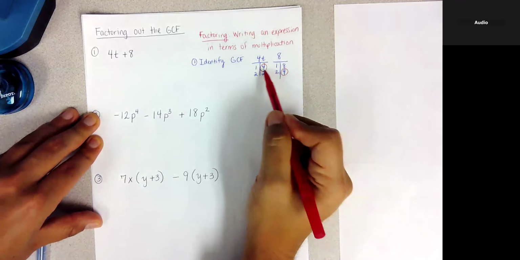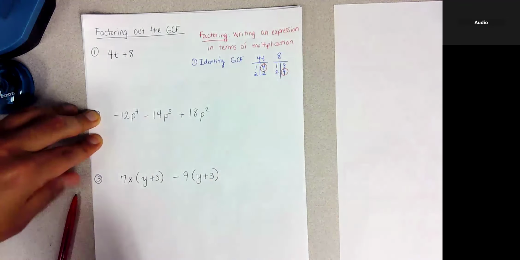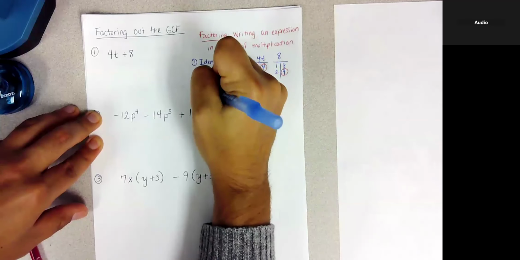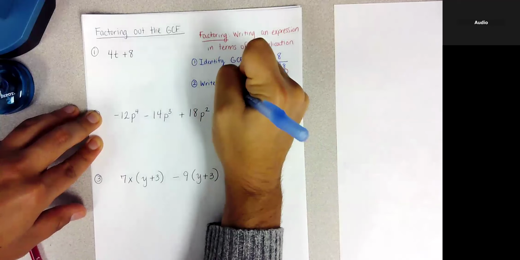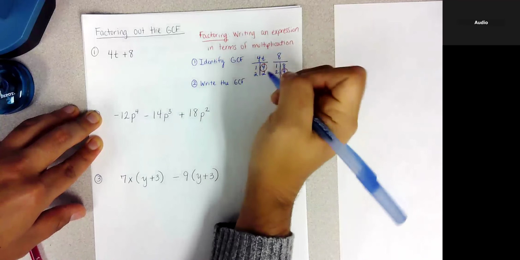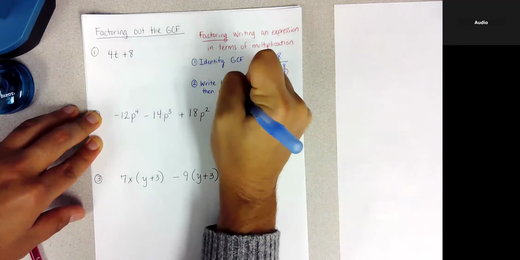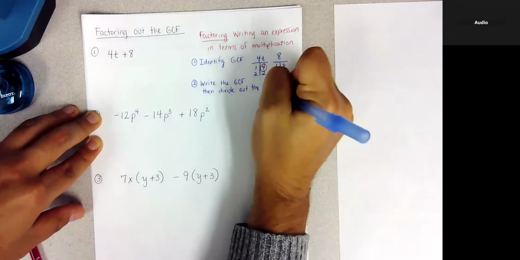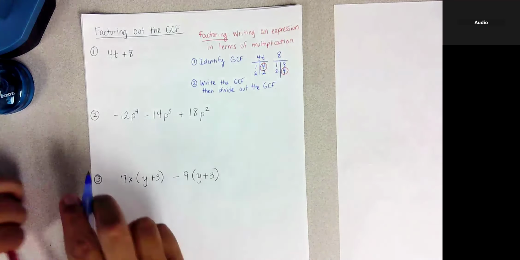So since that's all they have in common, what we next need to do is write the GCF, then divide out the GCF from the original terms, okay?